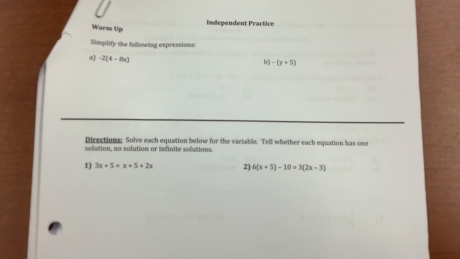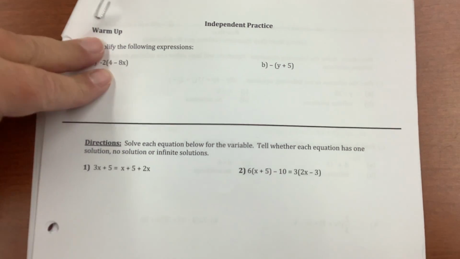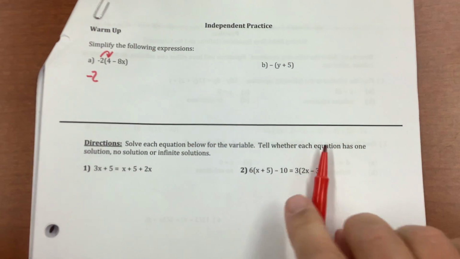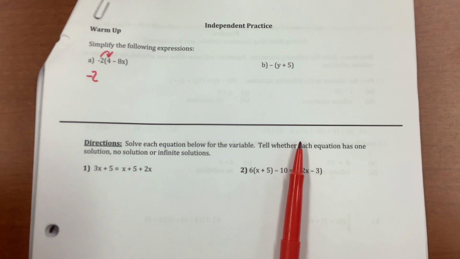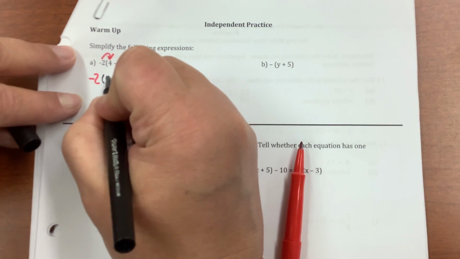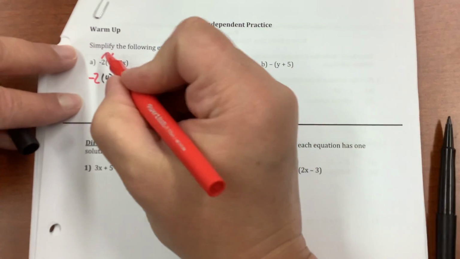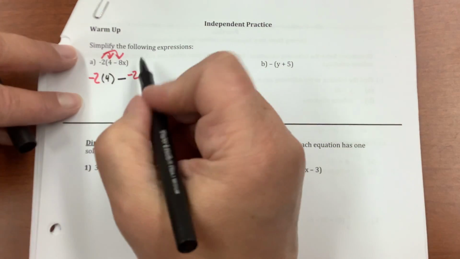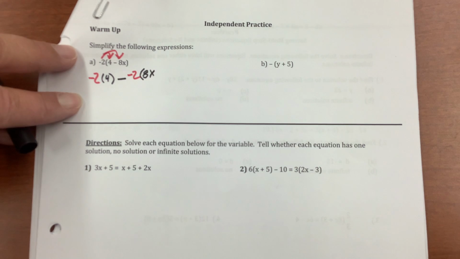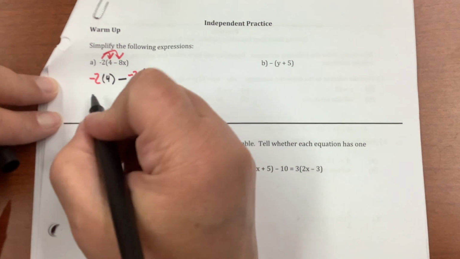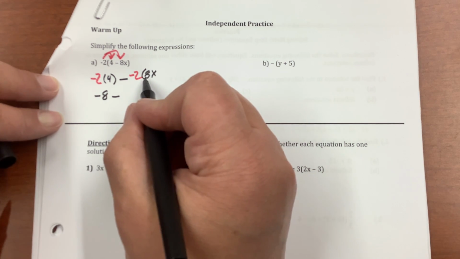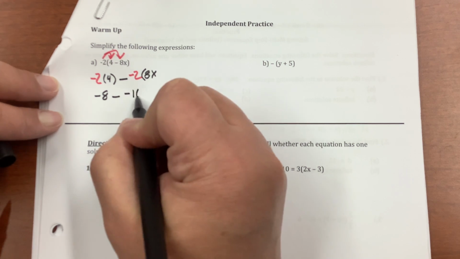So it's -2 times (4 minus 8x). -2 times 4 is -8, minus -2 times 8x, which is -16x.